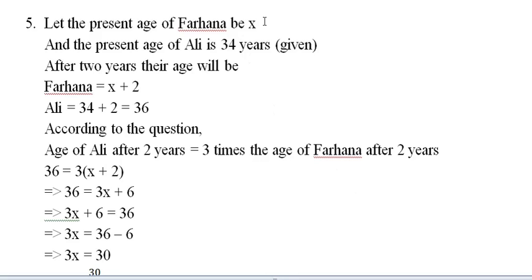So let the present age of Farhana be x and the present age of Ali is 34 years, which is already given in the question. Now after 2 years, the age of Farhana will be x plus 2, and the age of Ali will be 34 plus 2, that is 36.